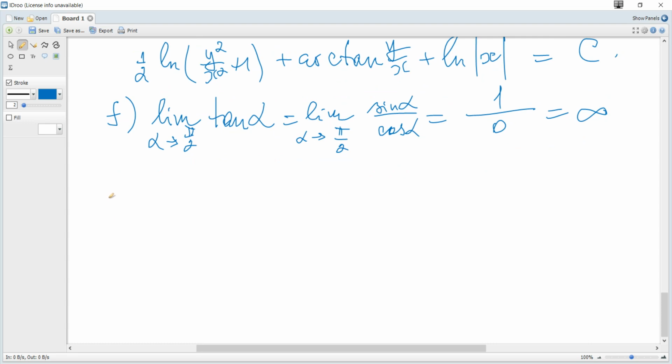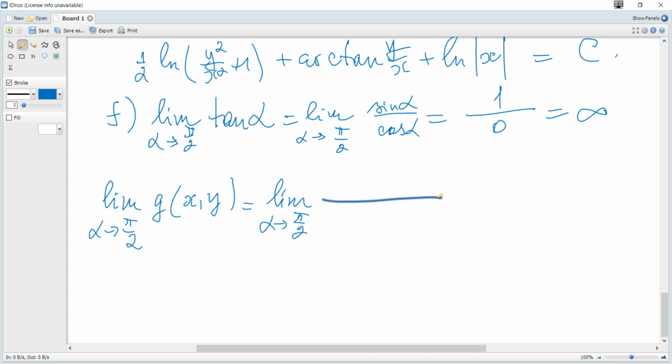And if we consider our expression, limit of g when alpha tends to pi over 2, and our g function is what?